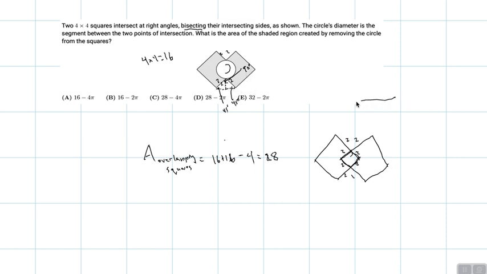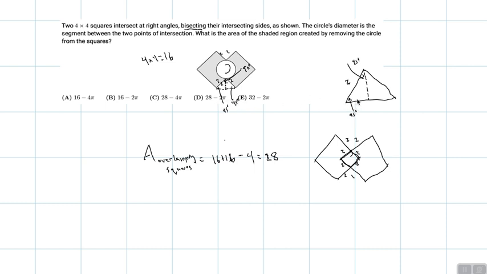Looking at this triangle a little more clearly, here's the 90-degree angle. We want to find this side. We know this is 2, and this forms a 45-degree angle. And this was always a 45-degree angle.